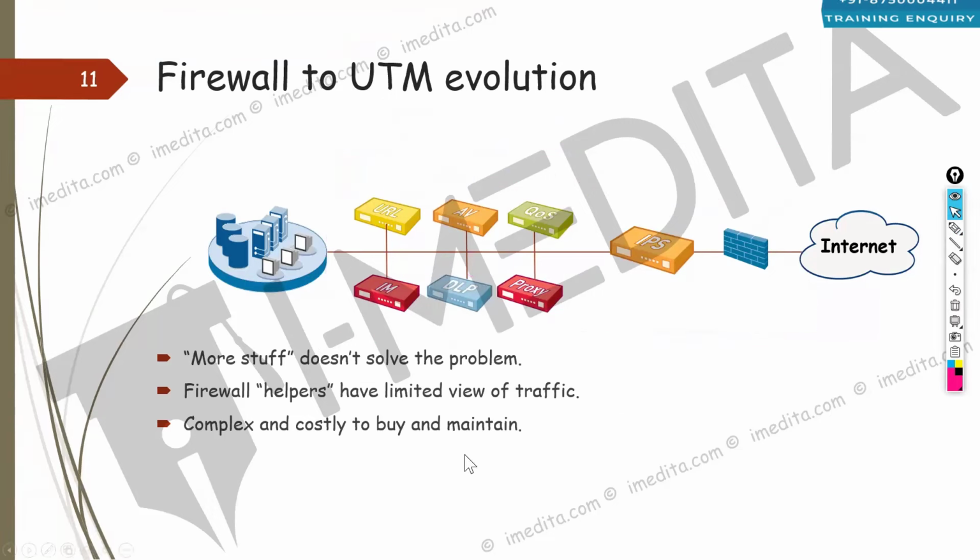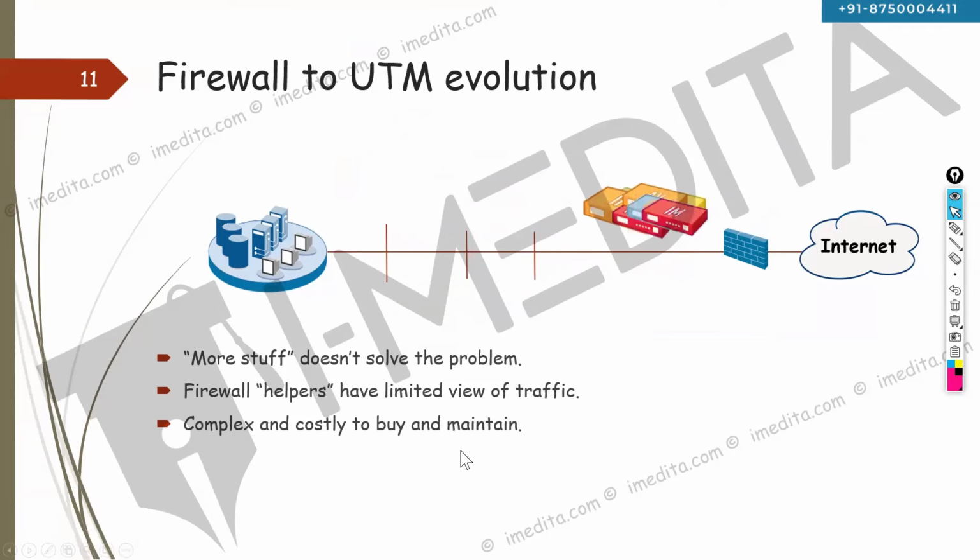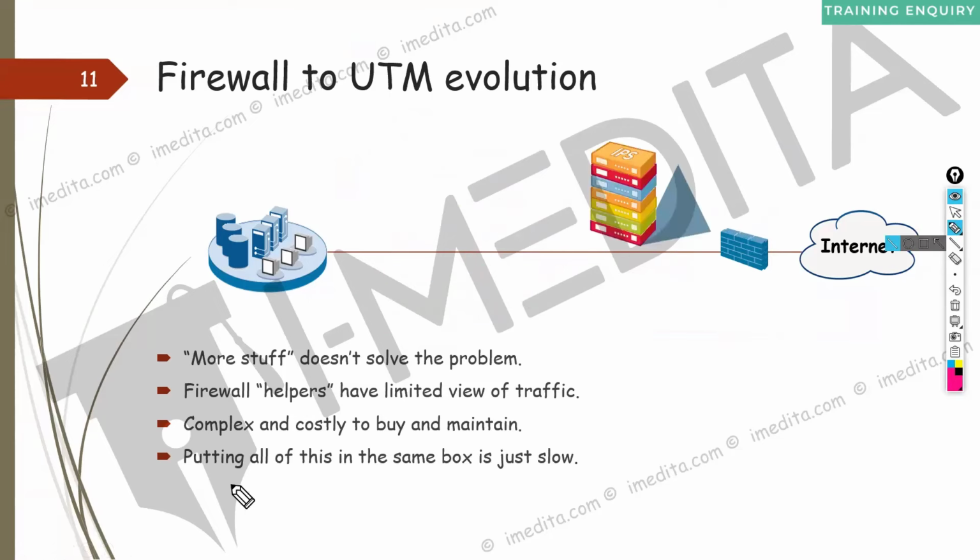So when we put all these solutions in a single box, then Palo Alto says, putting all this stuff in the same box, your box or device will go slow. But it is not 100% true. If you are delivering a product, if you had a monopoly in some product or solution, you definitely know what the problems or limitations of your product are, and definitely you will work on them.